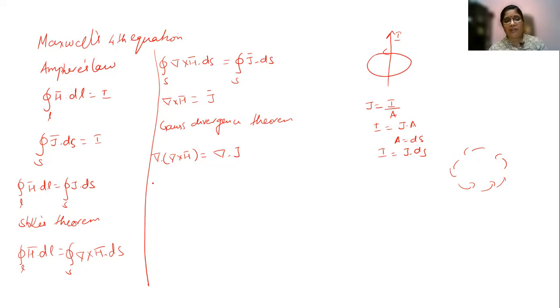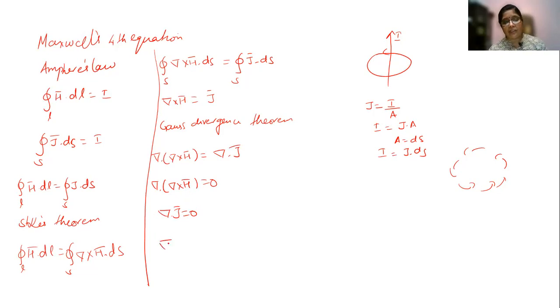So your left hand side, del dot del cross H, is equal to 0, which means obviously your del dot J should be 0. But your del dot J is not 0, because J is equal to I by A, there is current left, so J is absolutely not equal to 0, and this is not applicable for steady state. So you will have to bring in an extra condition.